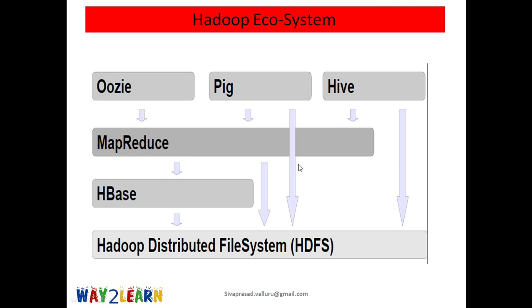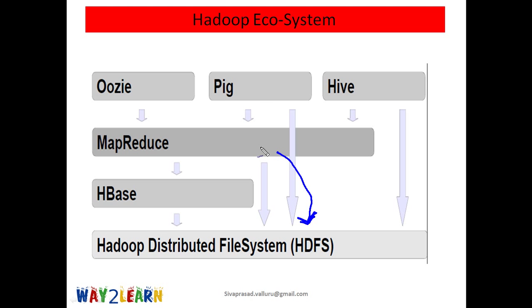Now on top of HDFS, there are other packages which are developed. We already understood that MapReduce internally uses HDFS. Whenever you submit a MapReduce job, you submit it to the job tracker. The job tracker will give the jobs to task trackers which are running on the slave machines. Task trackers will execute on the block of data which is stored in HDFS.